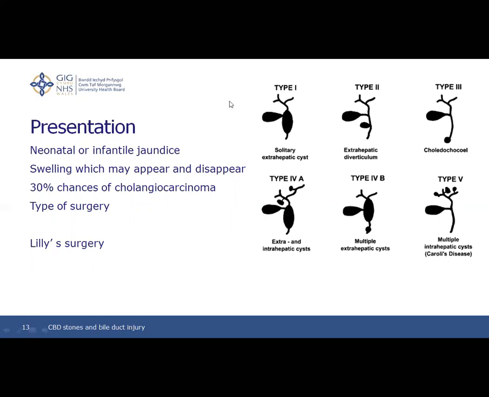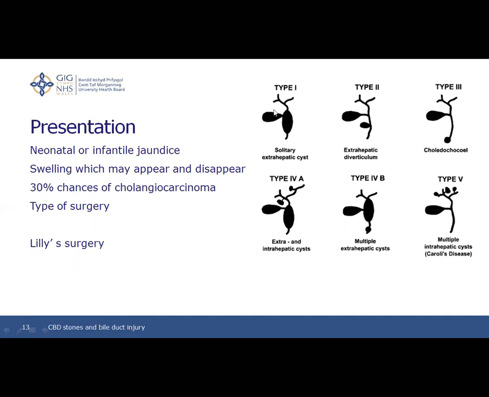And what is the treatment of the five types of choledochal cyst? In common to all these five types, the gallbladder has to come out, so we go for a cholecystectomy invariably.